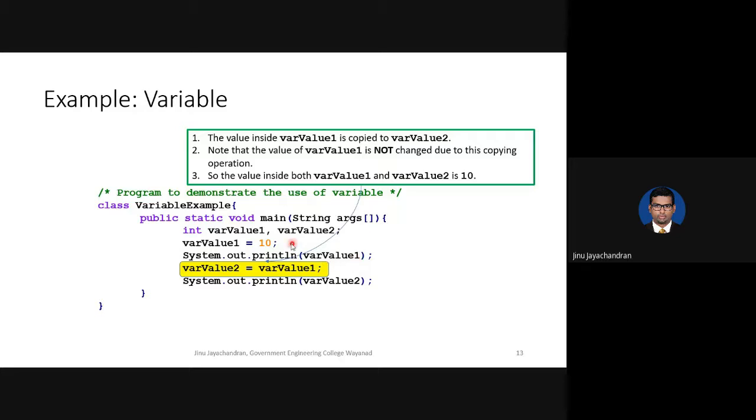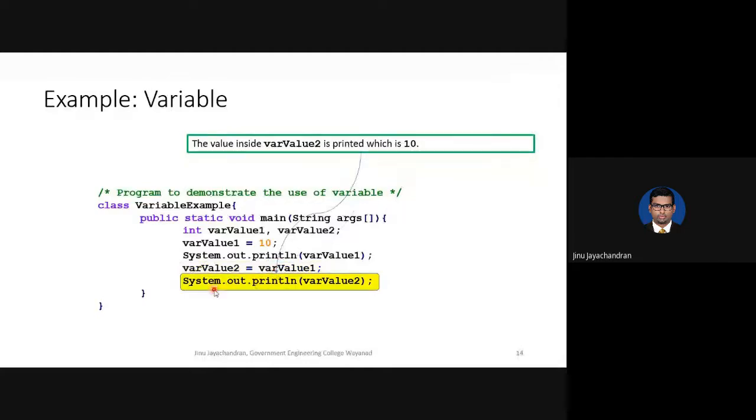Here we are assigning the value of var value 1 to var value 2, which means that now the value of var value 2 will be 10. Since var value 1 is not changed, it will be 10 also. Okay, and then we are printing the value of var value 2 using system.out.println.